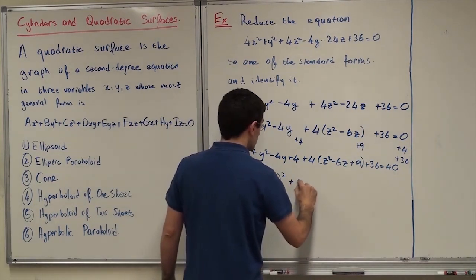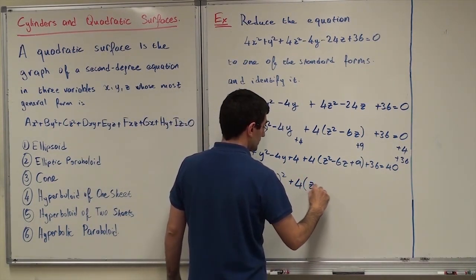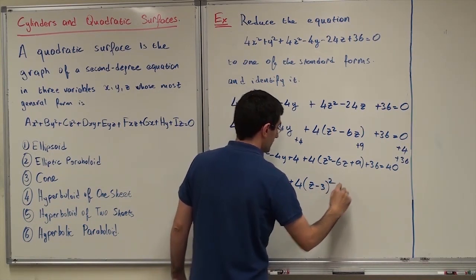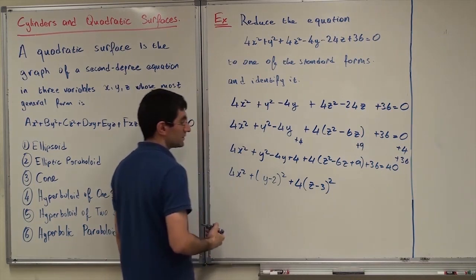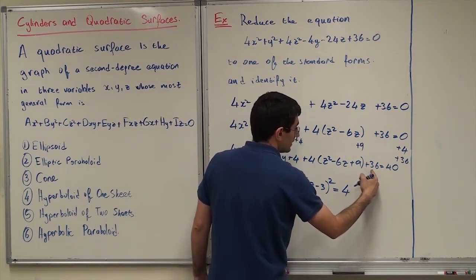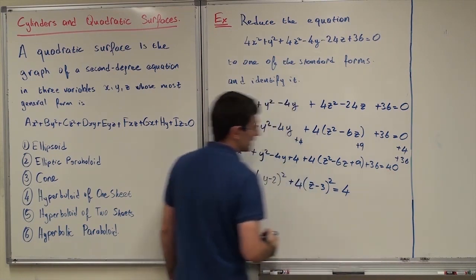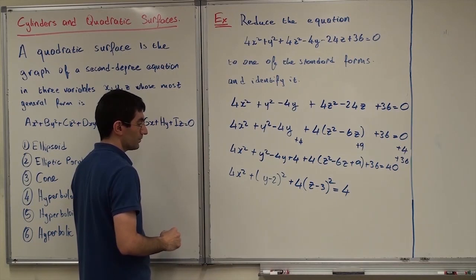I can also complete the terms with z in it into the square of z minus 3, and then I subtract 36 from both sides of the equation, and our equation will be equal to 4.